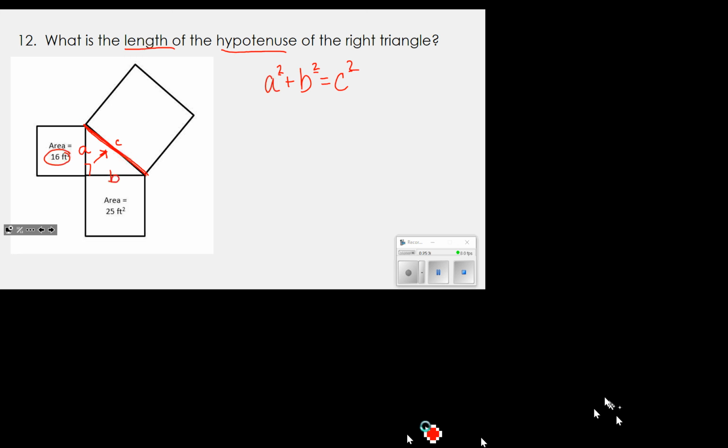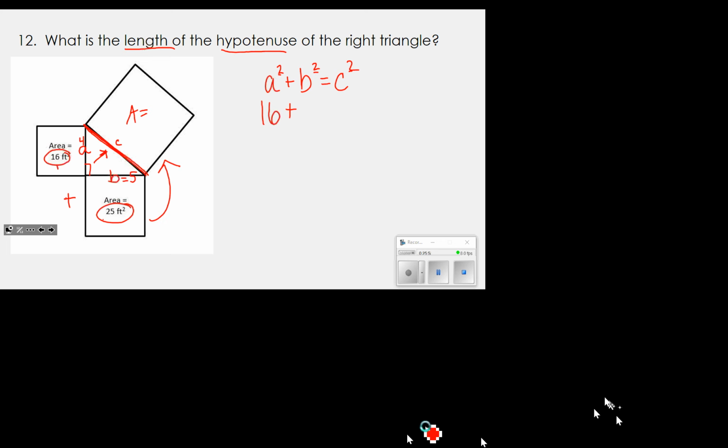The square root of 16 is 4, so that means side A is 4 feet, but the area is 16, and that's what we need for the formula. 16 plus B squared, that's the area off of B. We know B is 5. So area of 16 plus the 25 is going to equal the area of this one.